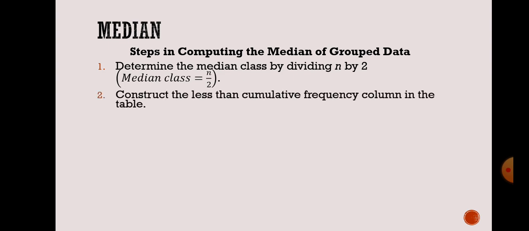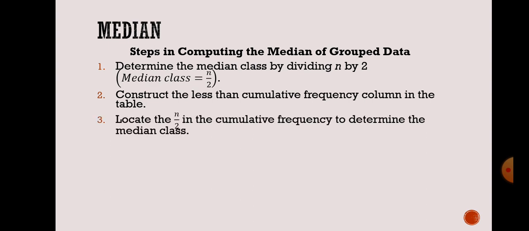The second step is to construct the less than cumulative frequency column in the table. And then we have to locate the median class in the cumulative frequency to determine the median class, or the n over 2. And then the fourth one is to get the lower boundary of the median class.